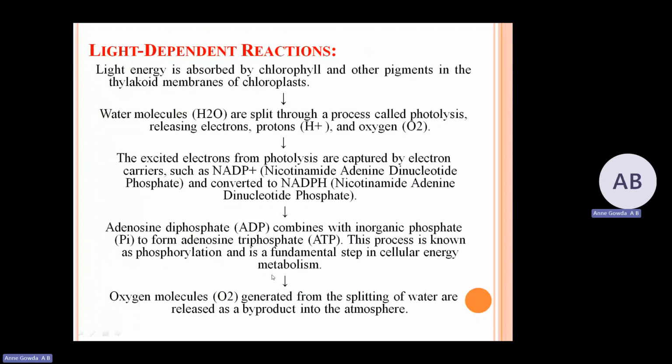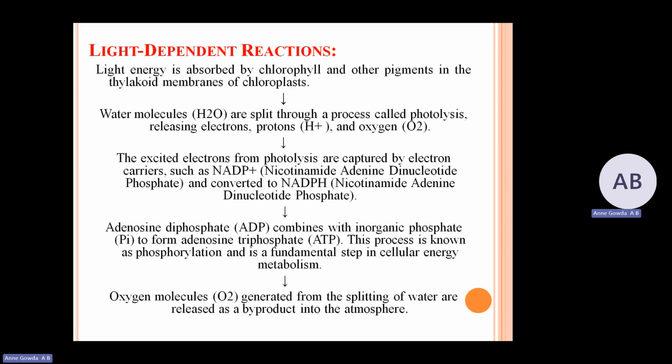The main outcome of this light dependent reaction is the oxygen molecule, which is generated from the photolysis process, and also the ATP and NADPH, which are generated from the phosphorylation process.